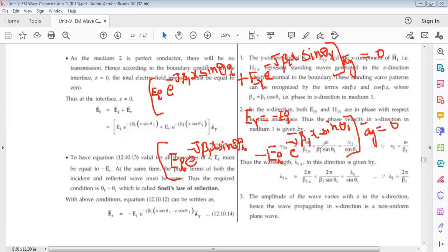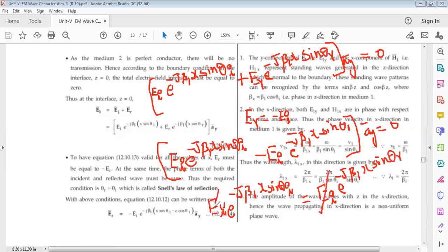Now bring the function to the right side, AY is already 0 here, EI into e power minus j beta 1 x sine theta I is equal to EI into, the minus becomes a plus on the right hand side, e power minus j beta 1 x sine theta r.